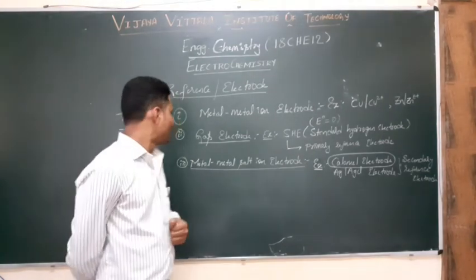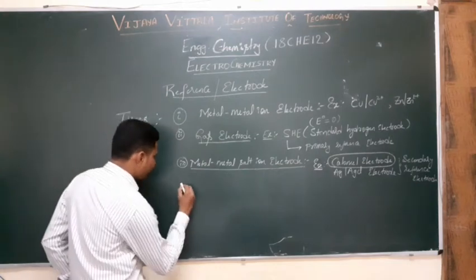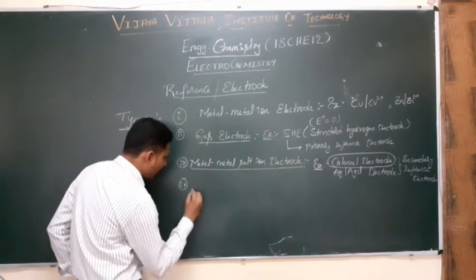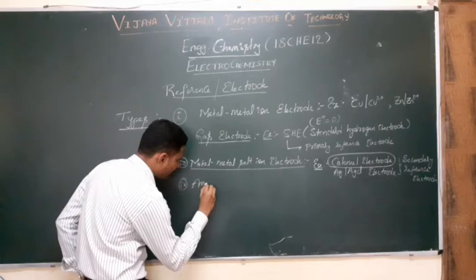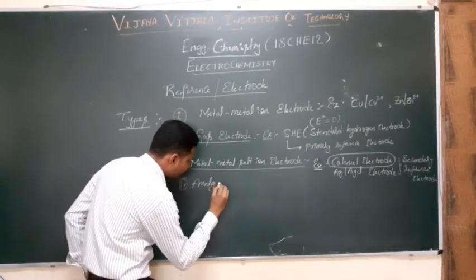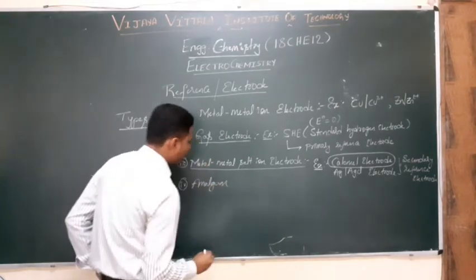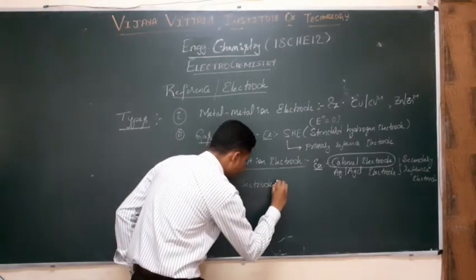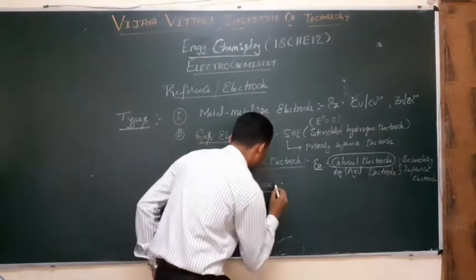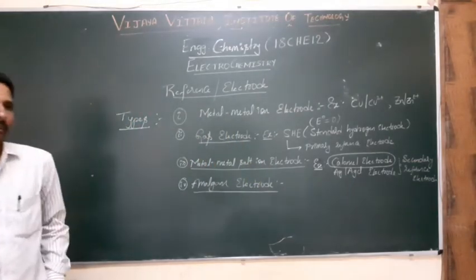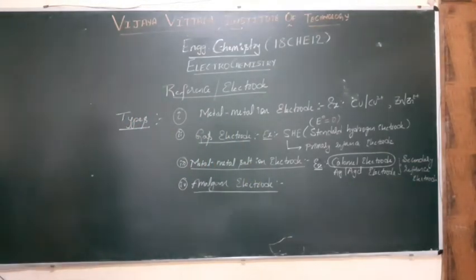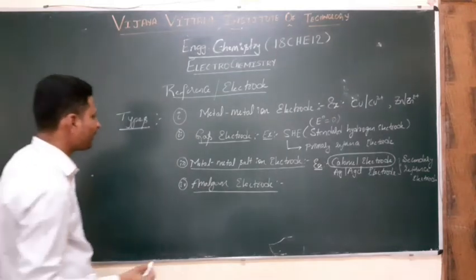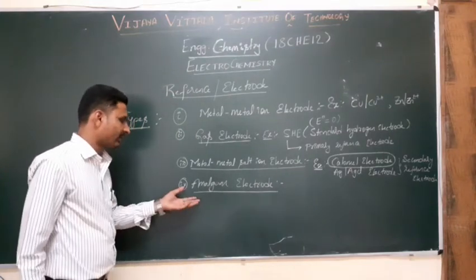Got it? And the fourth one is the amalgam electrode. Here the metal amalgam is in contact with a solution containing its own ions.